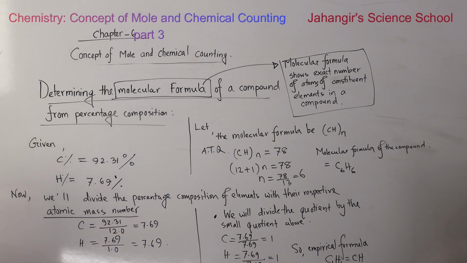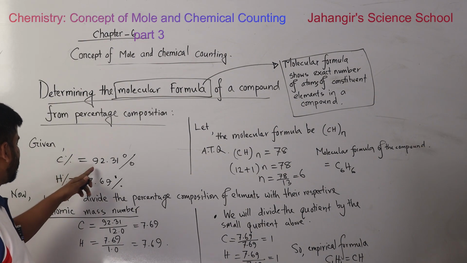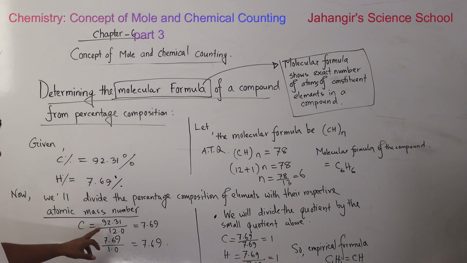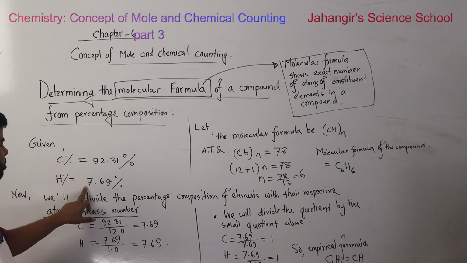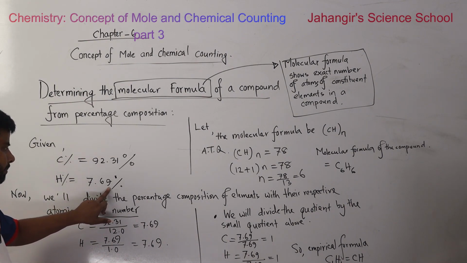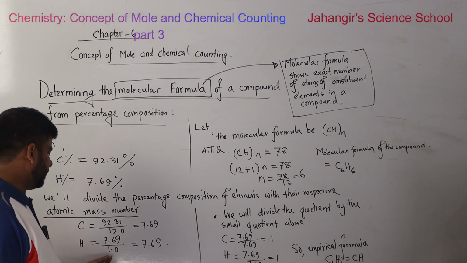Carbon's atomic mass is 12, so 92.31 divided by 12 gives 7.69. Hydrogen is 7.69%, so 7.69 divided by 1, because the atomic mass of hydrogen is 1.